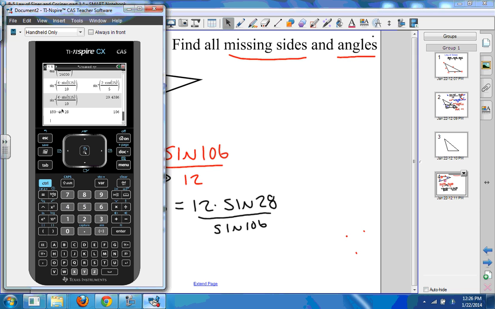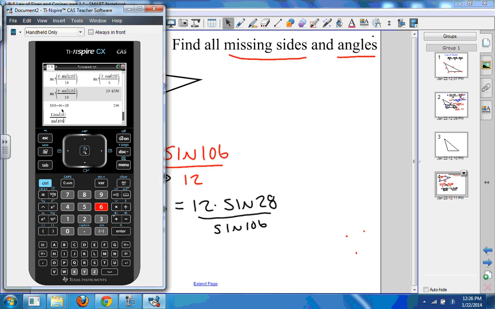Let's make a fraction with our calculator. Up top we can put 12 times the sine of 28. On bottom we can put in the sine of 106.